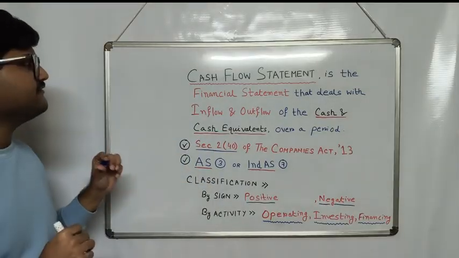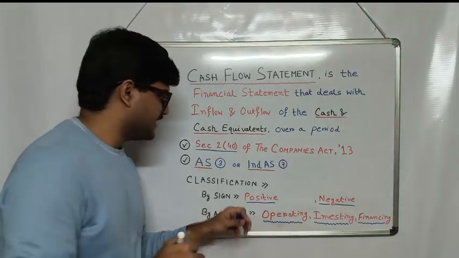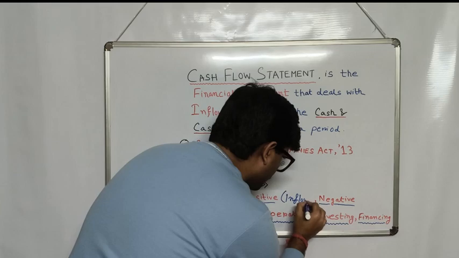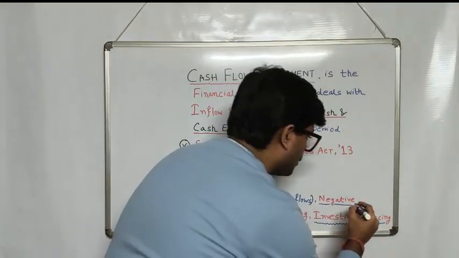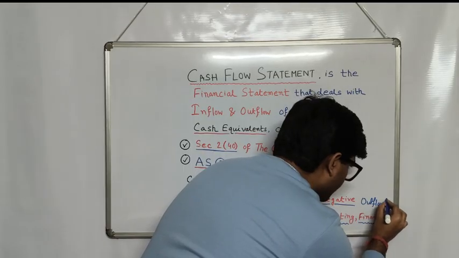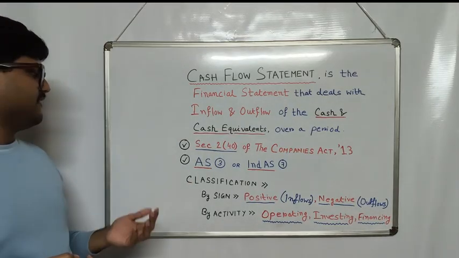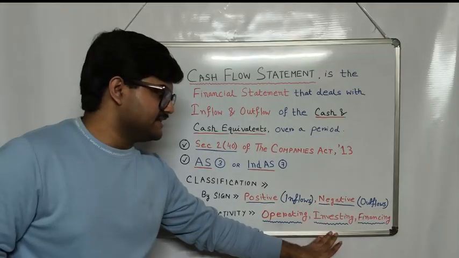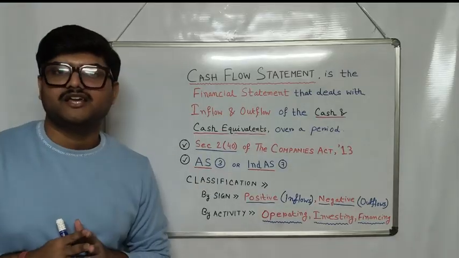Now, if we classify the cash flow statement by sign, it comes positive, that is all the inflows that are taking place, and negative, that is all the outflows. Again, if we are classifying as per the activity, then it will be operating, investing, and financing. So this is the basic idea of cash flow statement.